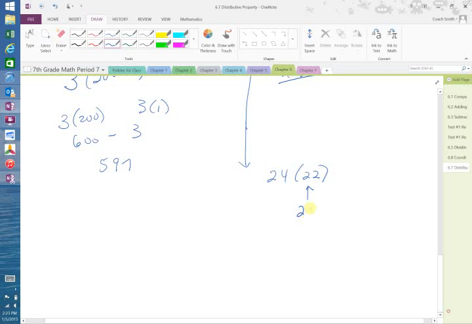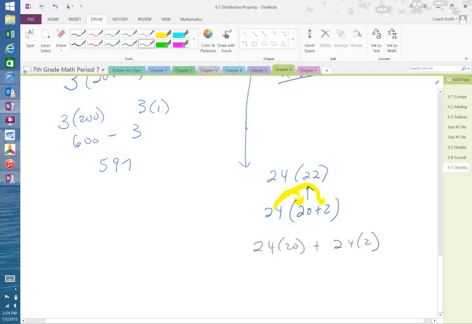I'm going to break that up into 20 plus 2. So I have 24 times, parentheses, 20 plus 2. Now I'm going to distribute that 24 to both things. That would be 24 times 20 plus 24 times 2.